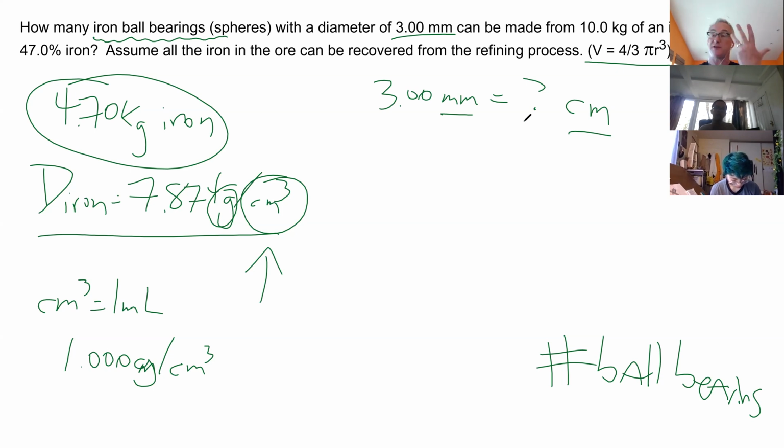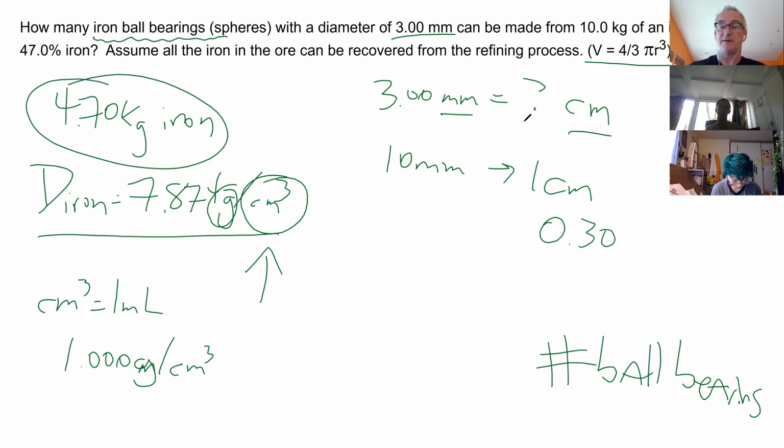Right. Centimeters are bigger. Millimeters are 10 times smaller than centimeters. There's 10 millimeters to 1 centimeter. So I've got 0.300 centimeters.